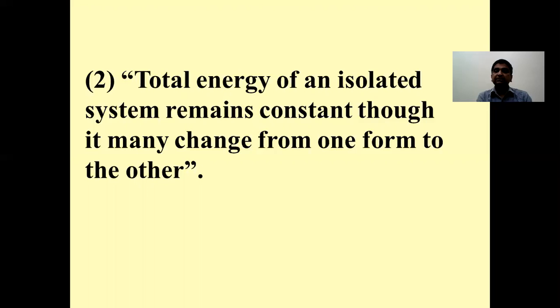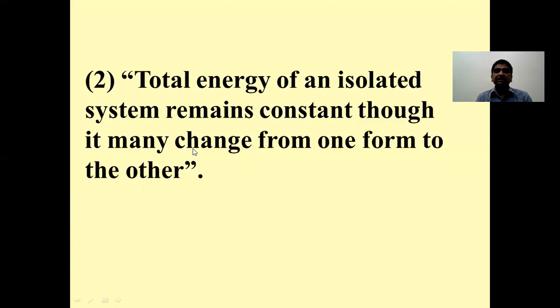Now the second statement which can be stated for the first law of thermodynamics is that total energy of an isolated system remains constant, though it may change from one form to the other.